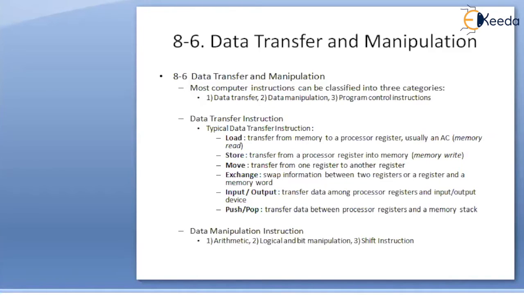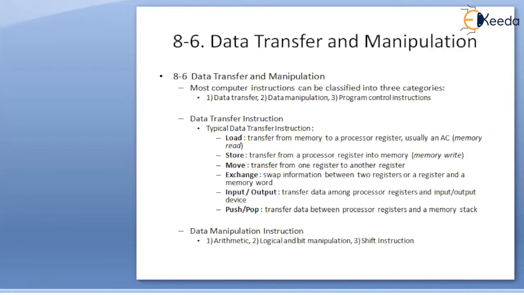When you take any processor, you know that there will be machine language instructions. When you look at each and every instruction, when it is executed, a certain kind of operation is going to get performed, right?